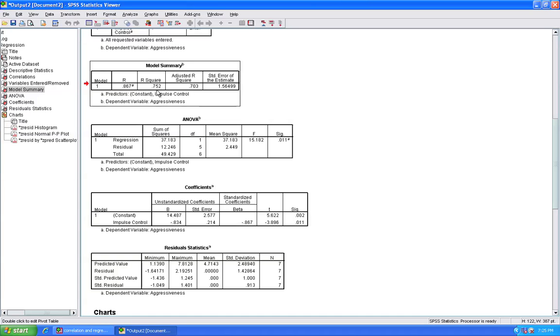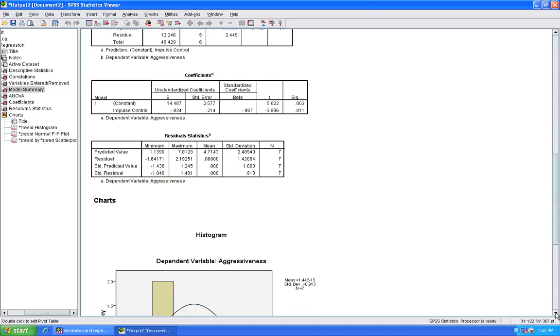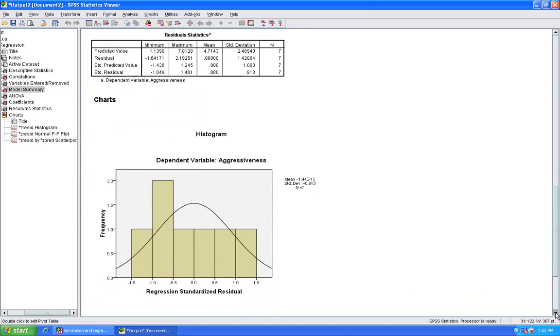In this example, R-squared equals 0.752, indicating that 75% of the variation in our Y data, our aggressiveness scores, is predicted by or explained by the impulse control scores. So once I have the regression equation and the R-squared, I know the correlation coefficient. Now I have to assess the fit of the regression model. I do that in a variety of ways.